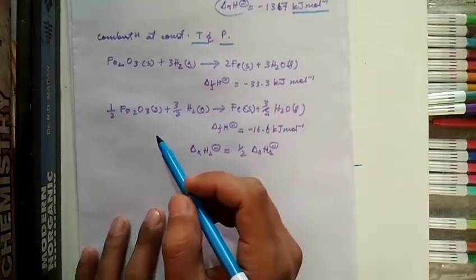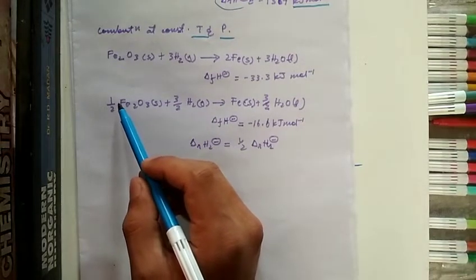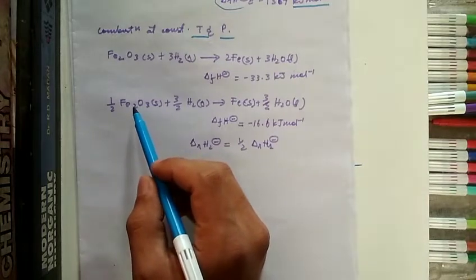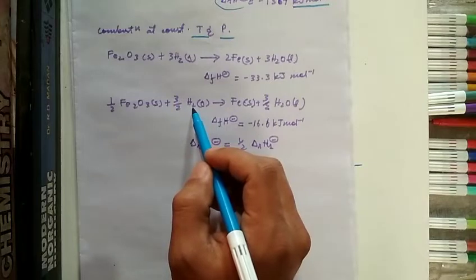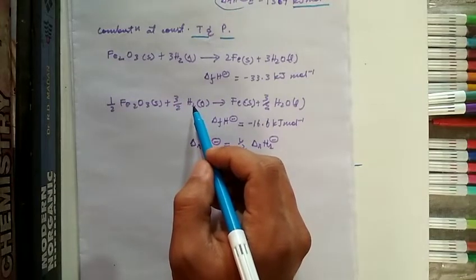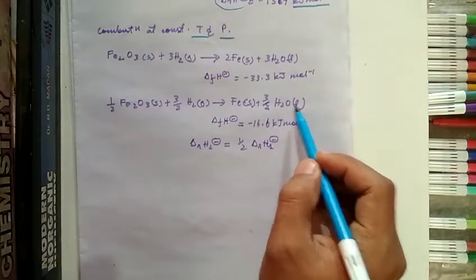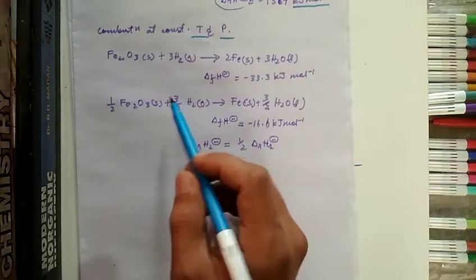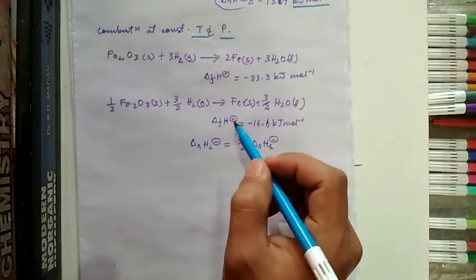Now let's see another case. Half a mole of iron oxide reacts with 3/2 moles of dihydrogen to give 1 mole of iron and 3/2 H2O. So we are just dividing the coefficients by 2.